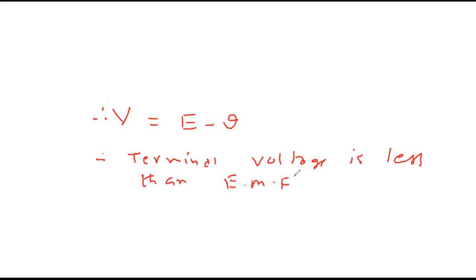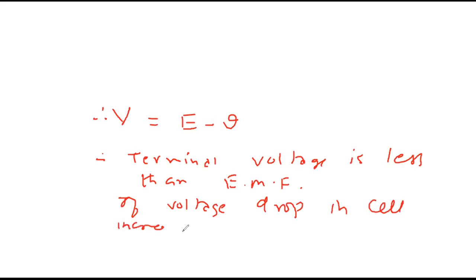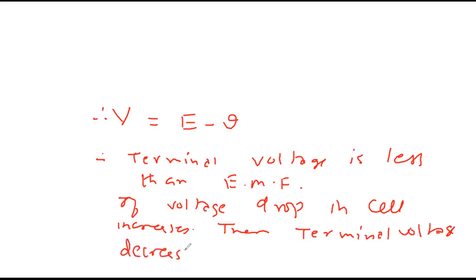If the voltage drop in the cell increases, then the terminal voltage will decrease.